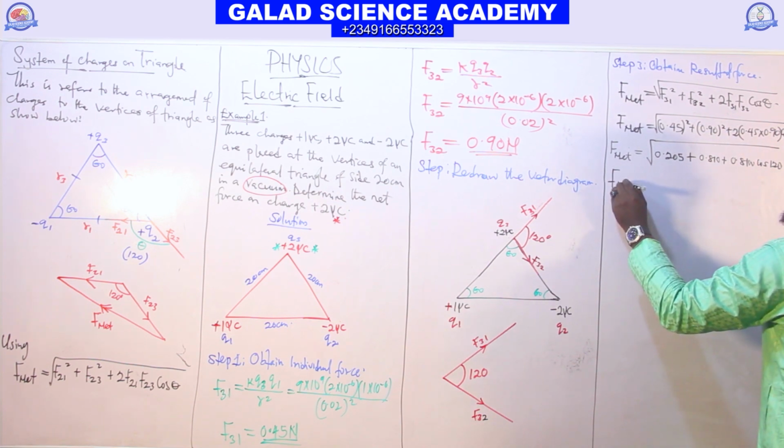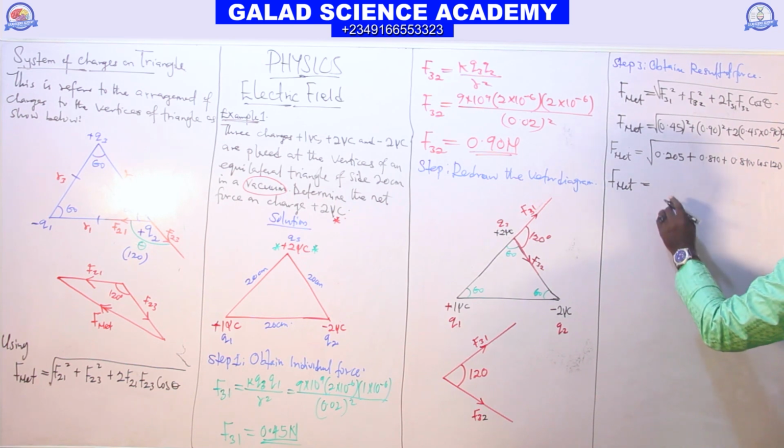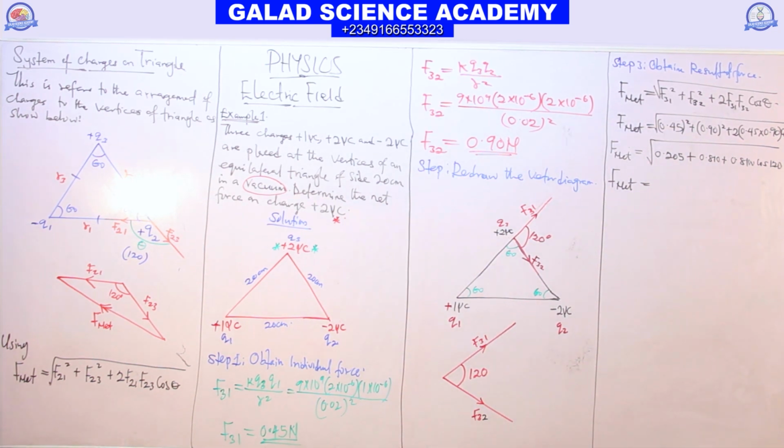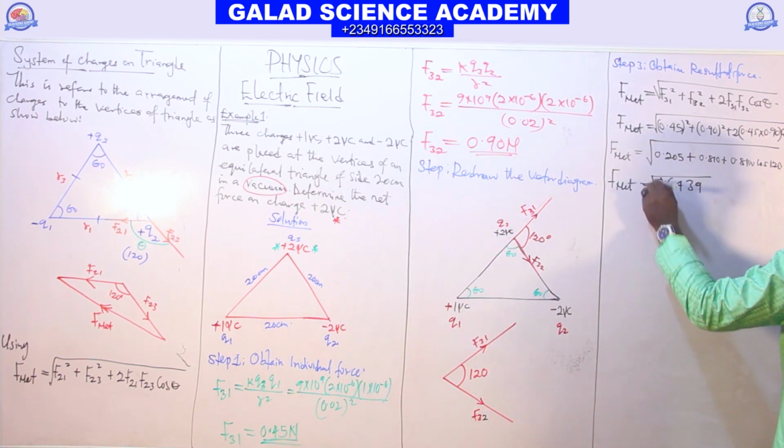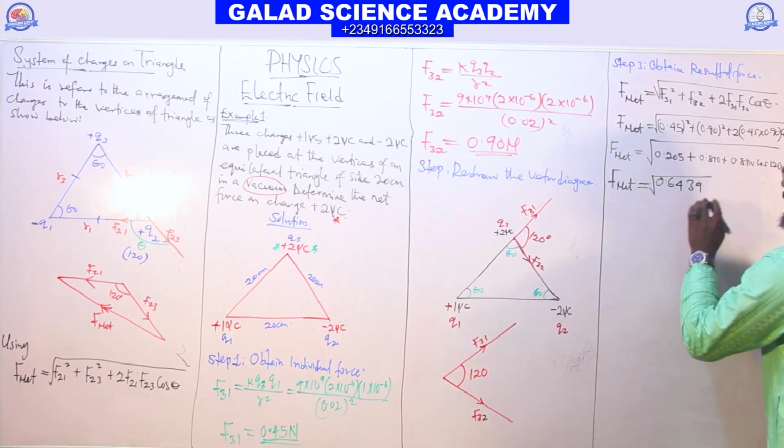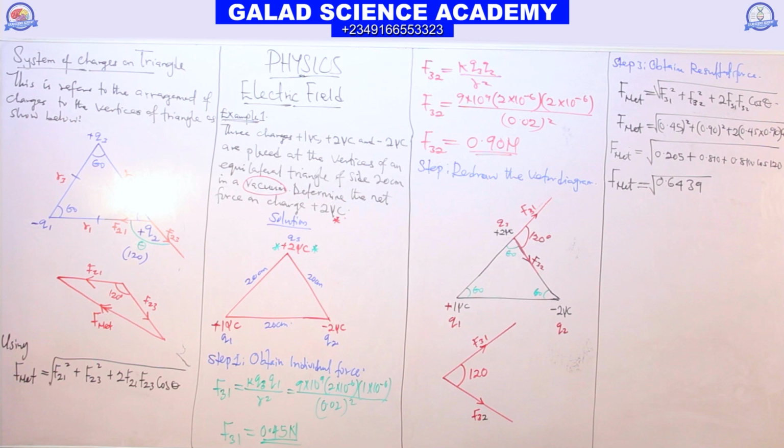So F naught will be equal to adding this together, 0.205 plus 0.810, which gives 0.6439. It ought to be the square root. By finding the square root of this, it gives us 0.8029.